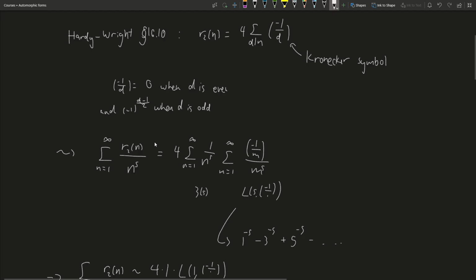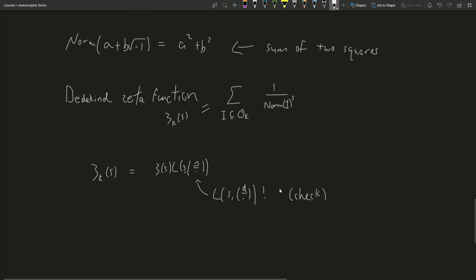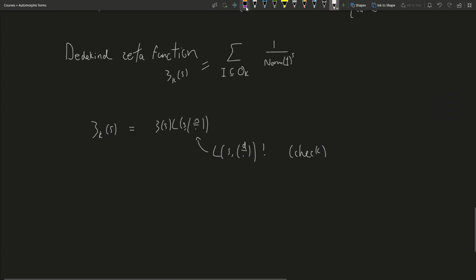This Dirichlet series that's counting the number of ideals in the ring of integers, the number of Gaussian integers that have a given norm n, factored as a product of the zeta function times this Dirichlet L function. I guess this means for sure that this is d and not delta. Okay.